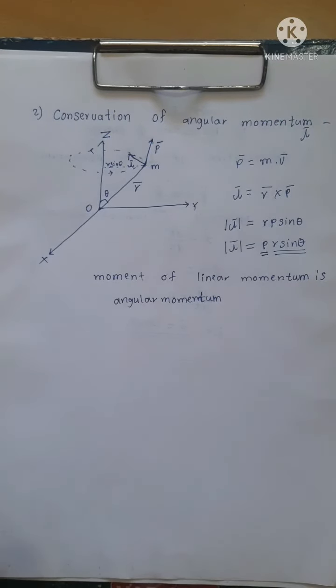So this moment of linear momentum is angular momentum. Similarly, the moment of linear force is angular force, which is torque. So these are the physical quantities related to moment, that is, a product of distance from the axis of rotation and a physical quantity.